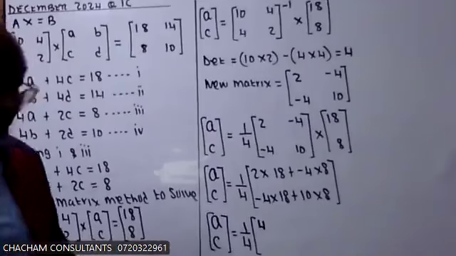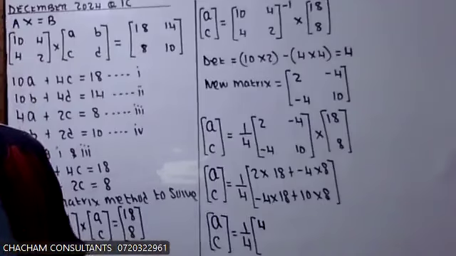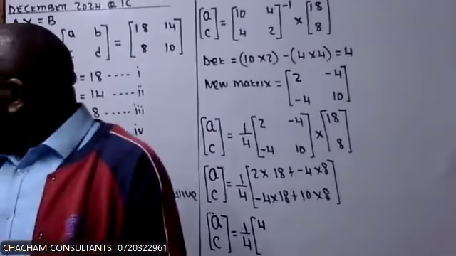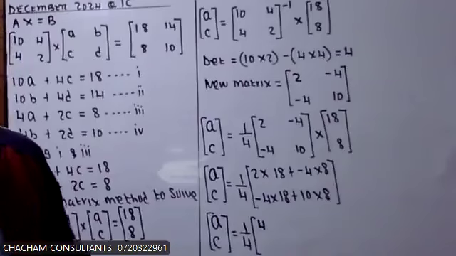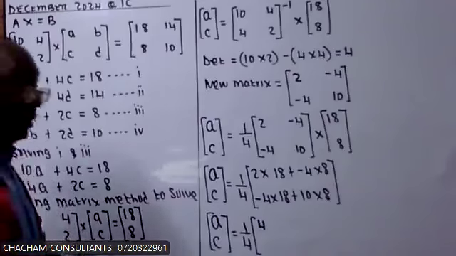Then the other one, -4 times 18 plus 10 times 8, I'm getting 8.